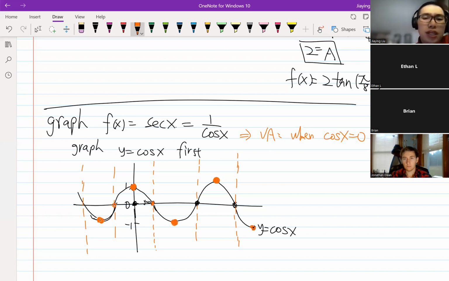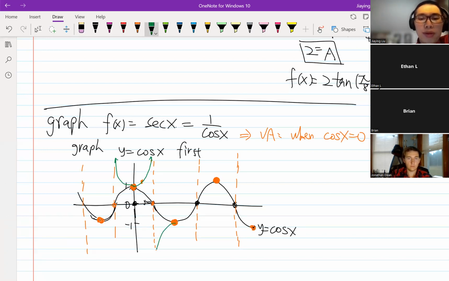Now, what about the rest of the graph? Well, let's think about it. Starting from this point on the y-axis, go right. If I divide by a number that's slightly less than 1, it's going to be more than 1. If I divide by a number that's really small, it ends up being a really big number. So we kind of have this graph. Let me use a different color. So this is the graph of secant.